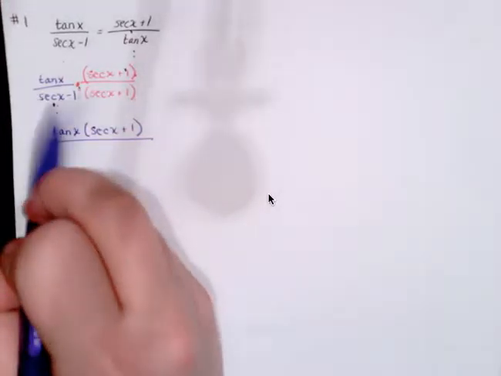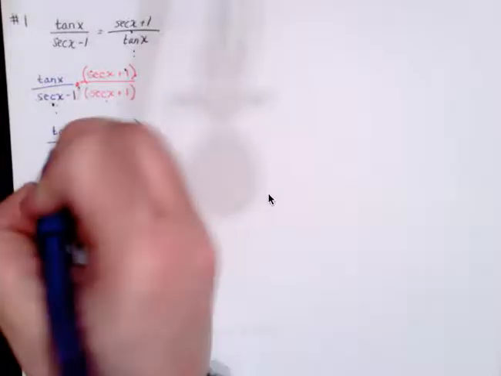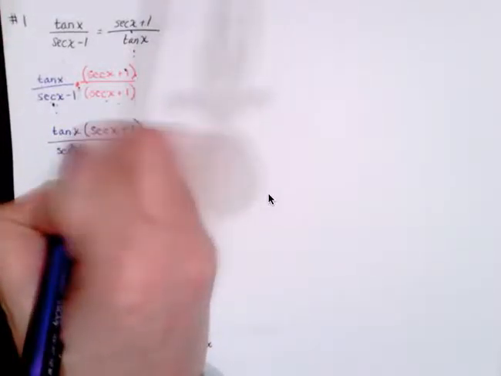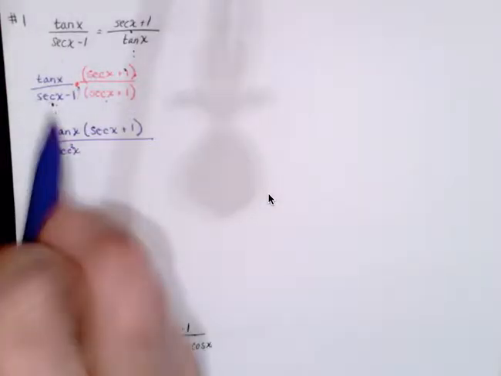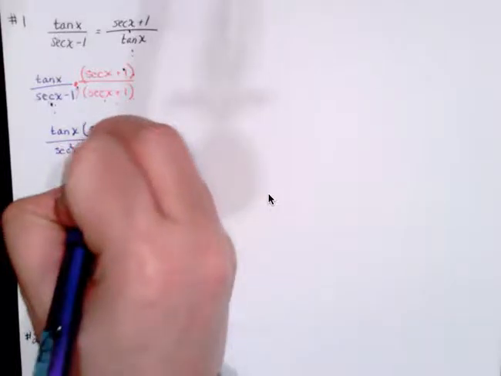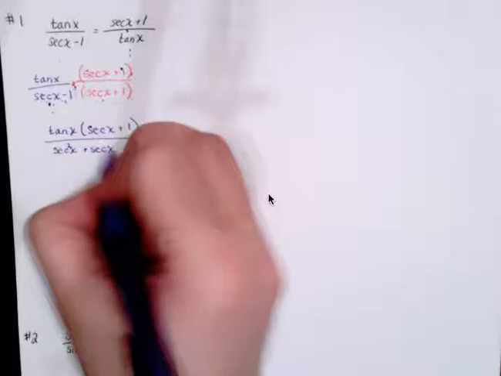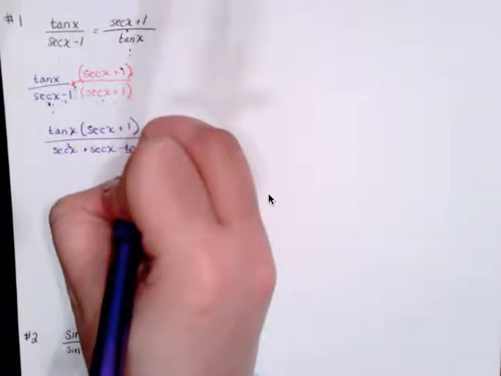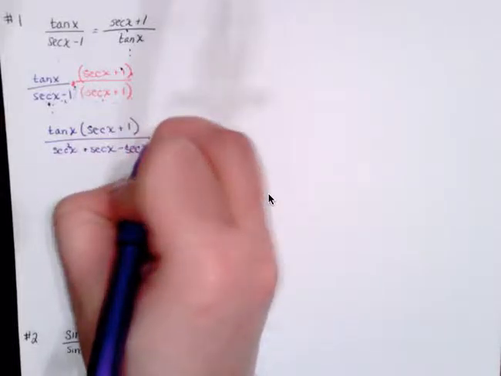Because I'm timesing all of this by this, secant of x times secant of x is secant of x squared. Secant times positive 1 is plus secant of x. And then negative 1 times secant of x is negative secant of x.